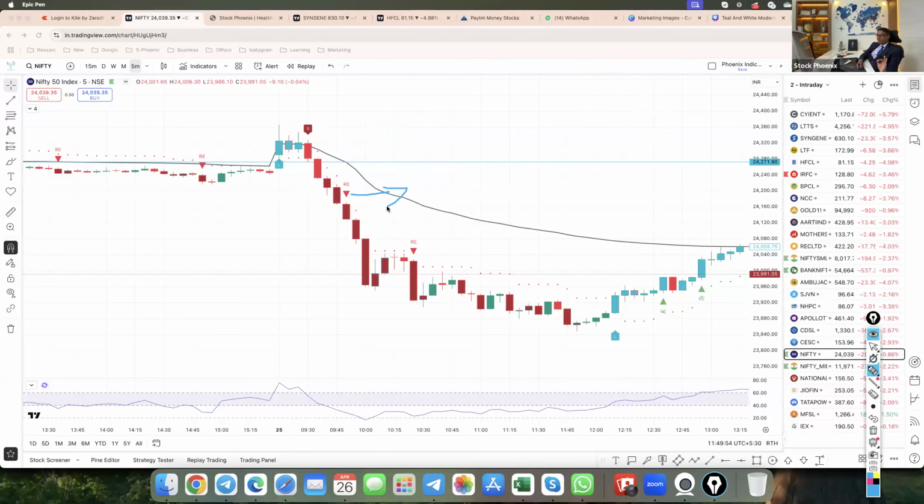What does it mean? It means one more re-entry is getting generated. If you have missed making an entry, you can make an entry here, or if you have already entered, continue holding your position. Selling pressure is continuing.